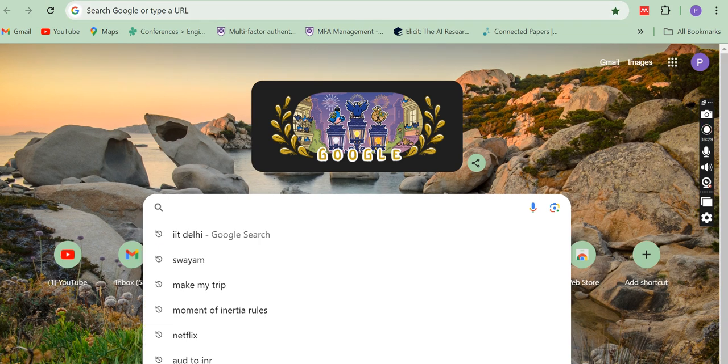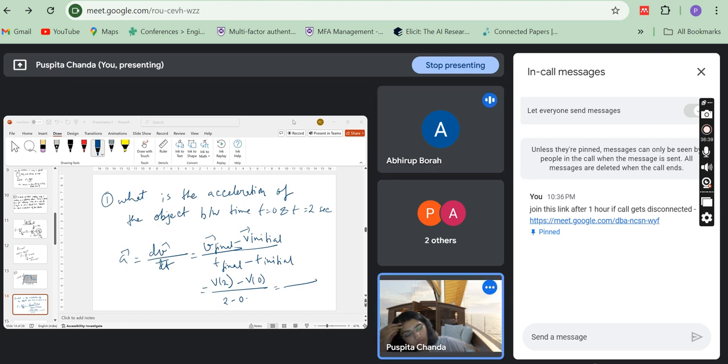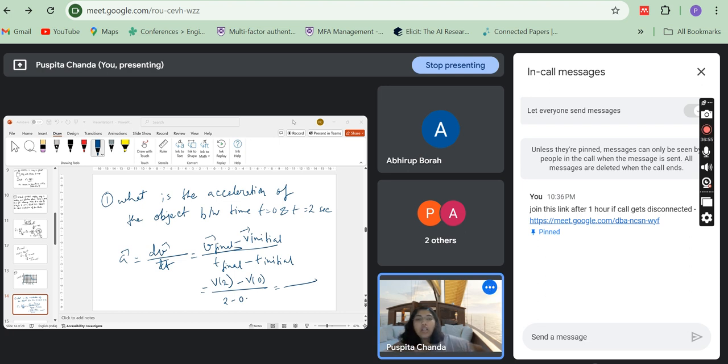If you could send it, I could download it because it's not available. No, I don't have the PDF. That's why I told you that I don't know if the PDF is available or not. I had the book at that time.